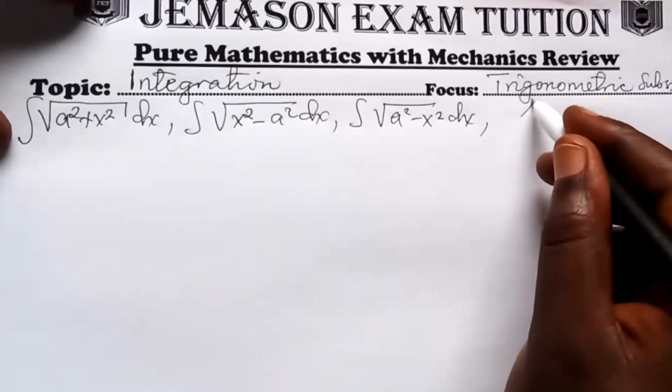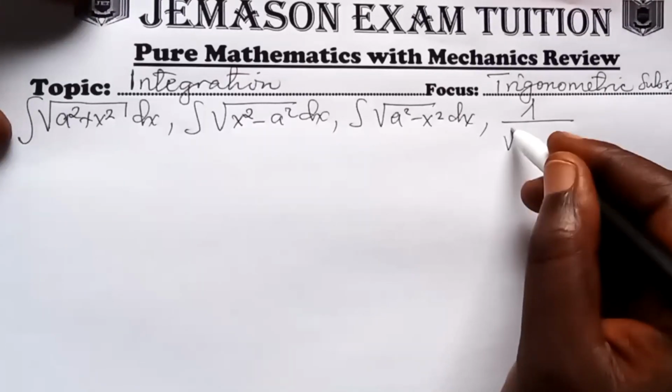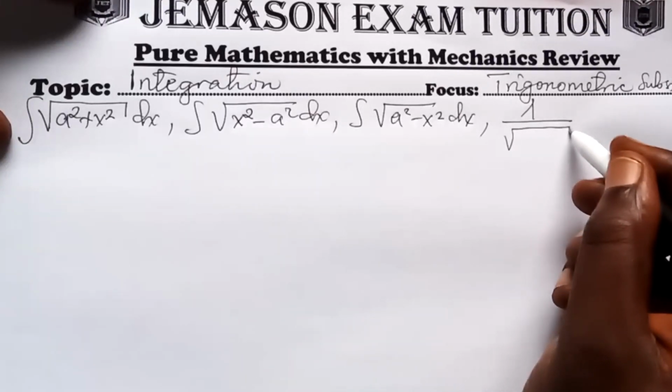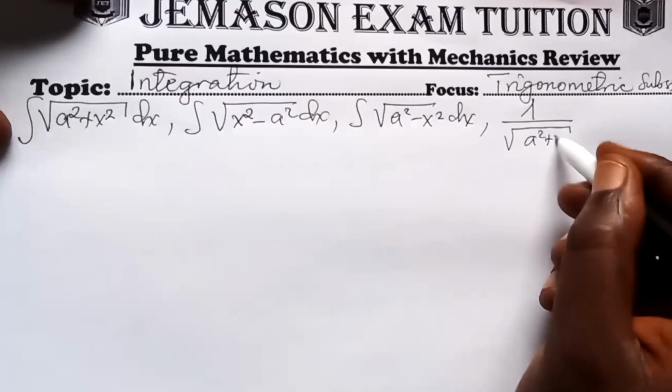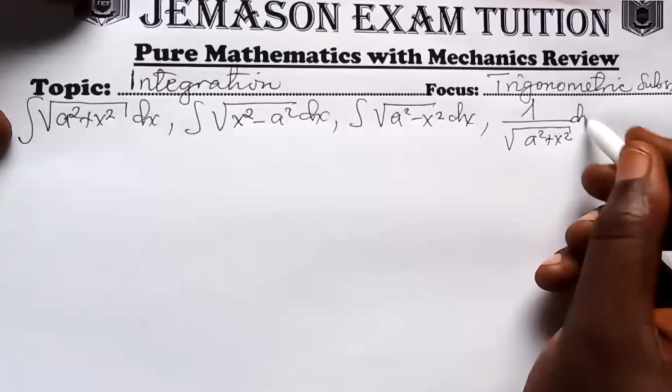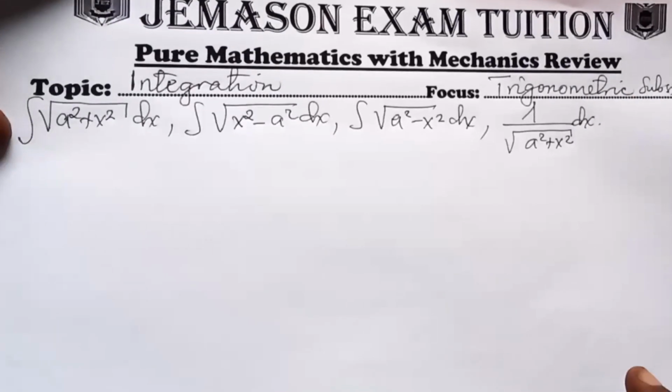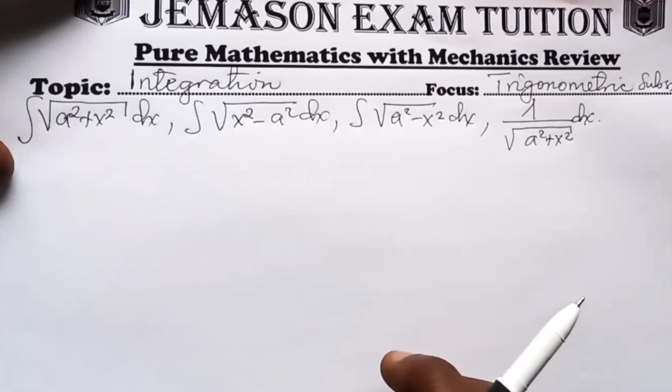So for instance, when I have 1 all over the square root of a squared plus x squared, I will still make use of a trigonometric substitution.